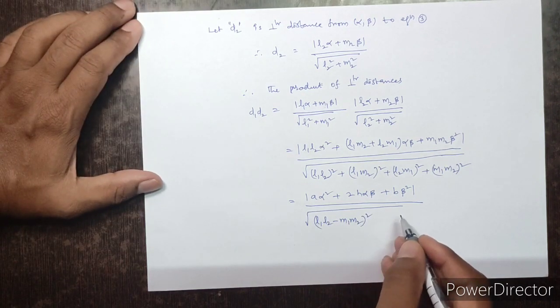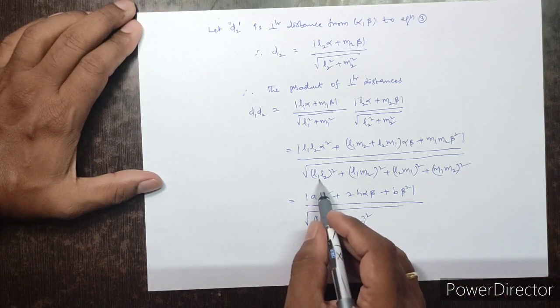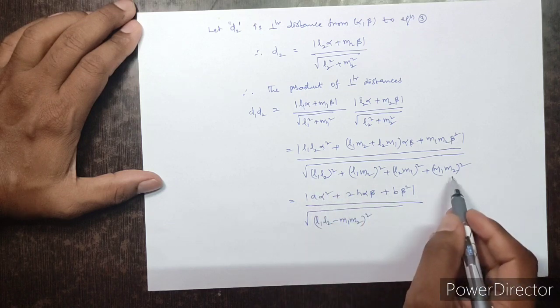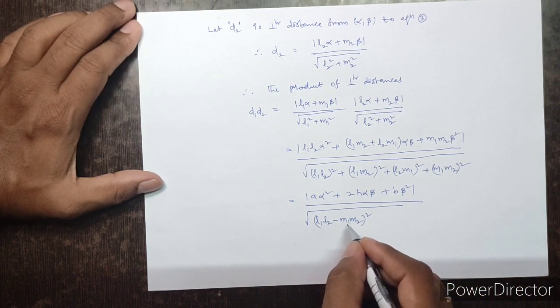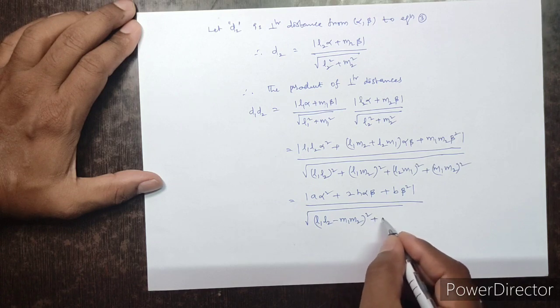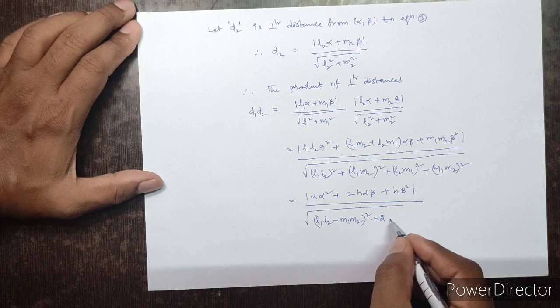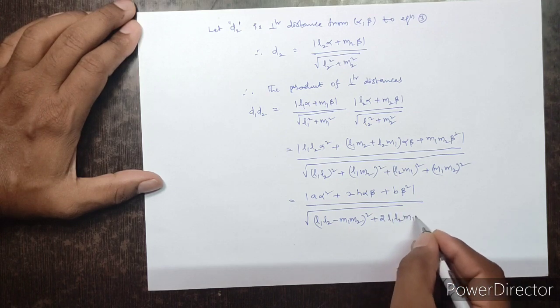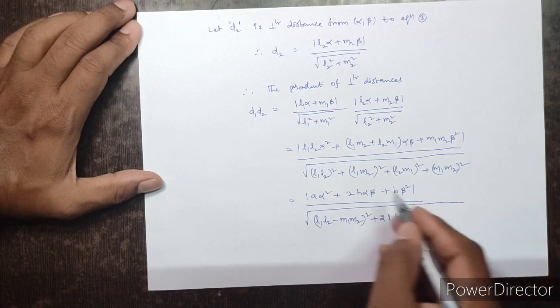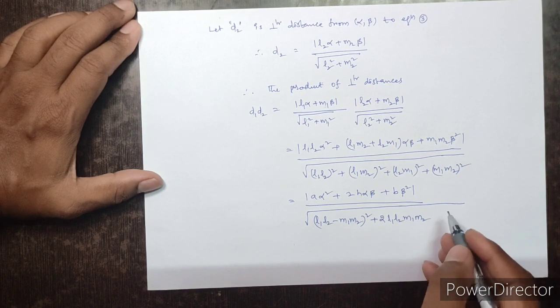A minus B whole square equal to A square minus 2AB plus B square, but we have only A square plus B square, so minus 2AB here, just you can add plus 2AB, 2AB is nothing but 2 L1 L2 M1 M2, so these two terms are written like this.